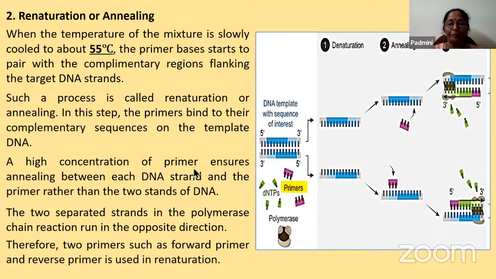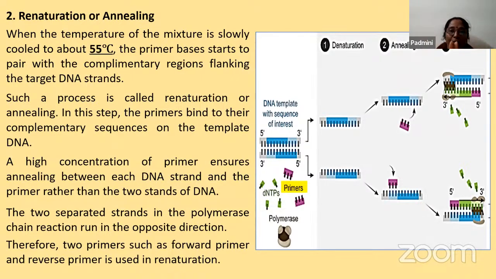So high concentration of primer ensures annealing between each DNA strand and the primer rather than the two strands themselves. What it means over here, if you can understand this line: a high concentration of the primer ensures this annealing between each DNA strand and the primer, rather than the two strands to themselves. If you have a smaller number of primers, the denatured DNA strands, when you decrease the temperature, these two are again going to get re-annealed.